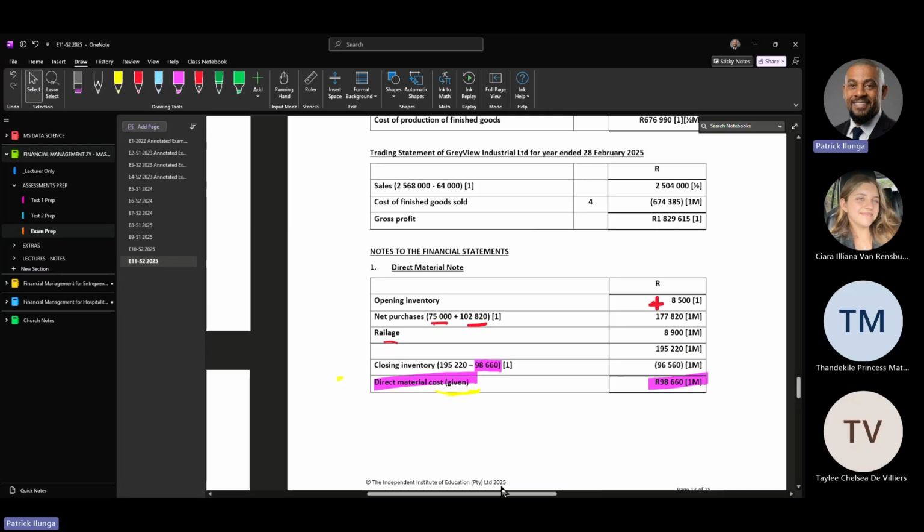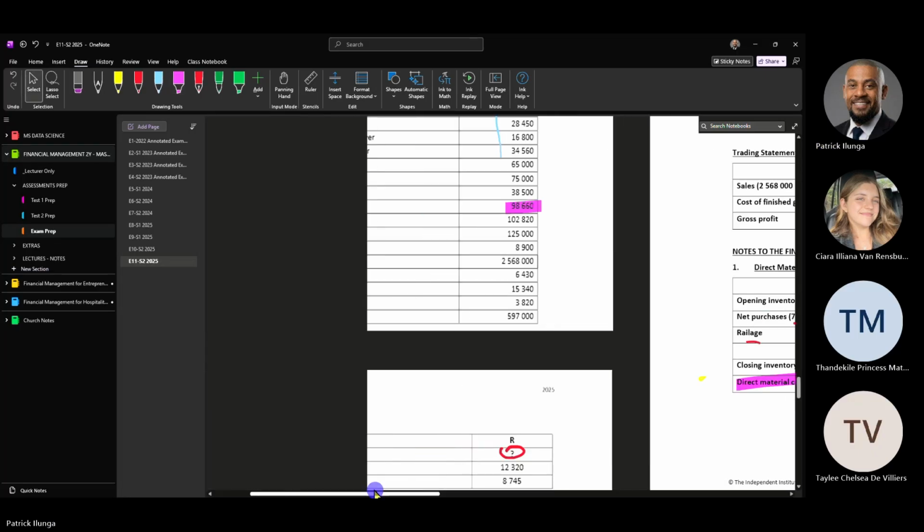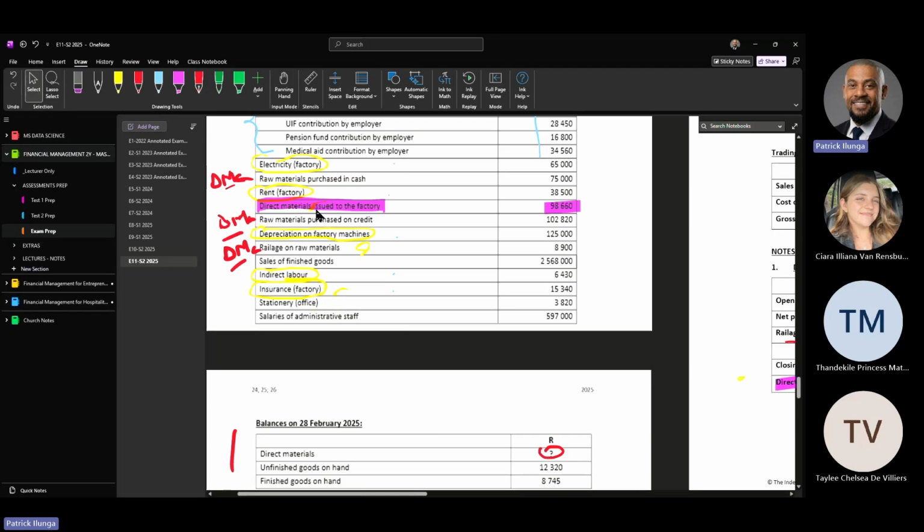So check if they say this direct material was issued to the factory. It means that for the production, they only needed this amount. That's the total they needed for the production. They might buy, I don't know how many things. They might buy 1 million rand worth of material.